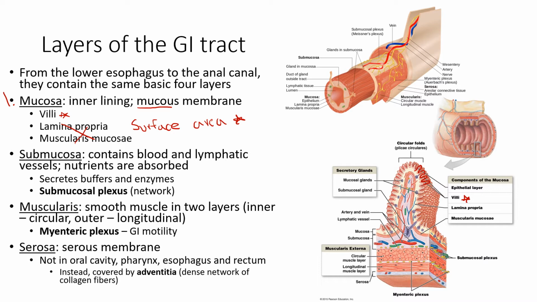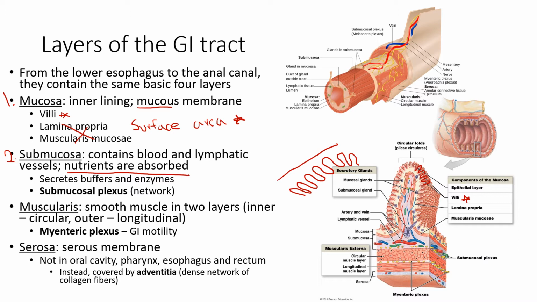So as things move through, you are going to come in contact more when you have something that has this little roller coaster look than if you just had a nice smooth tube. So very important, this is going to increase our absorption, which leads us to the second layer, the submucosa, which is going to contain blood and lymphatic vessels, and its main function is nutrient absorption.